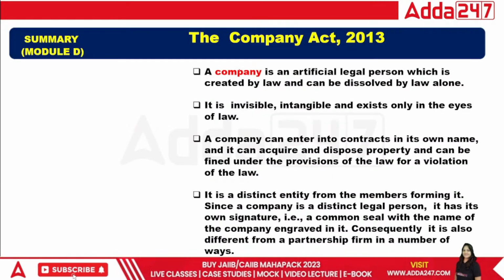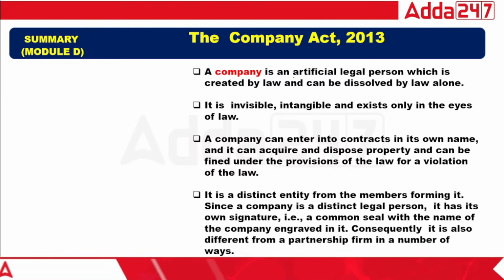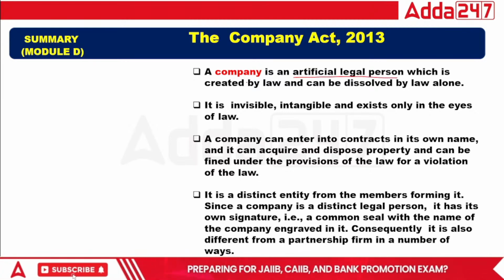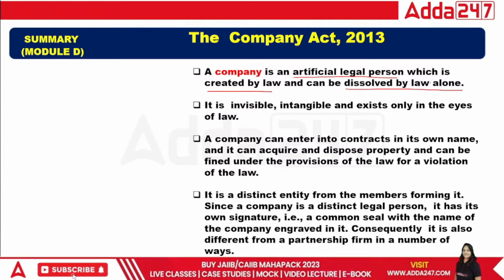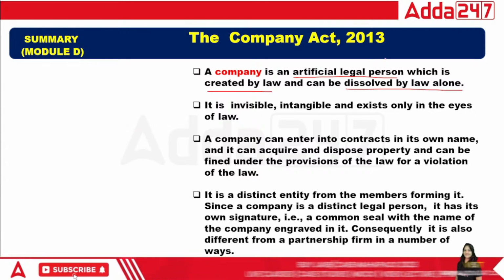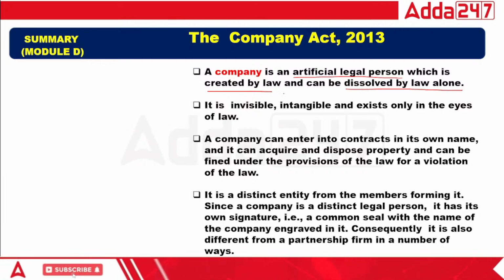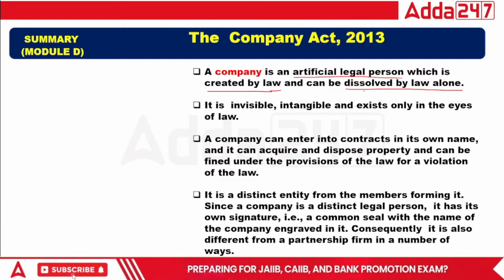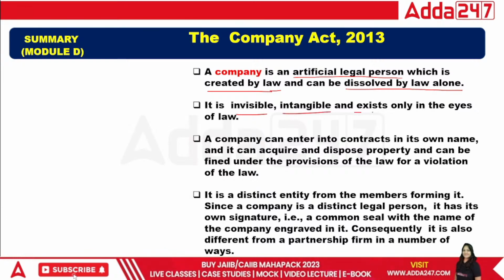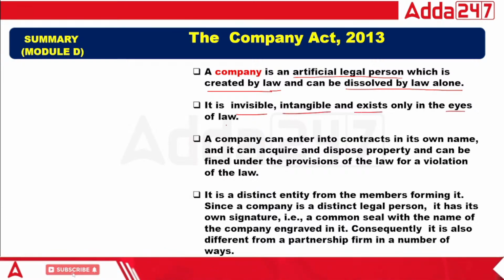First of all, the summary. A company is an artificial legal person which is created by law and can be dissolved by law alone. It is invisible, intangible, and exists only in the eye of law.